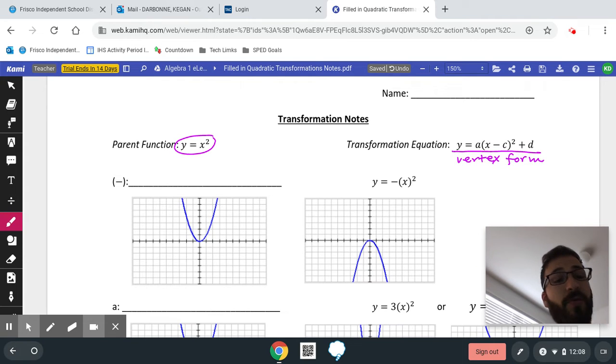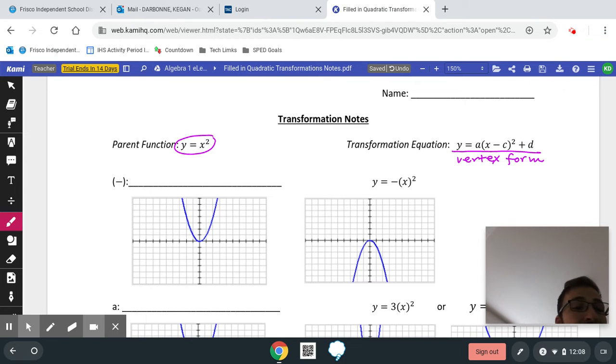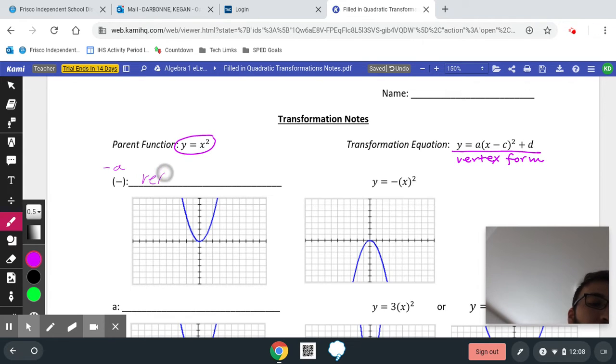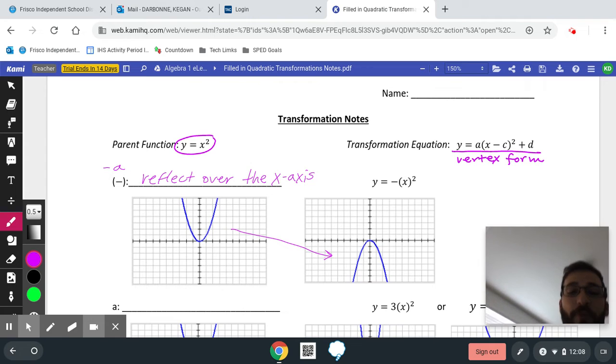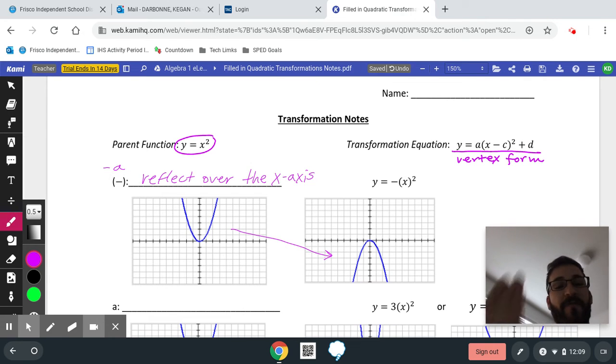All right, so the first one we're going to talk about, we talked about a little bit when we looked at our functions last time, is if we have a negative for our A value, so a negative A, it means we're going to reflect over the x-axis. And what I mean by reflect is just this right here. If our parent function opens up, then our reflection, our negative in front of our x squared, is going to make it open down.